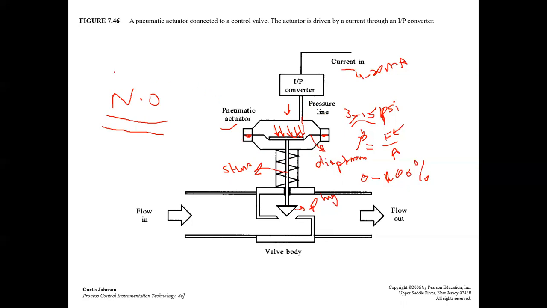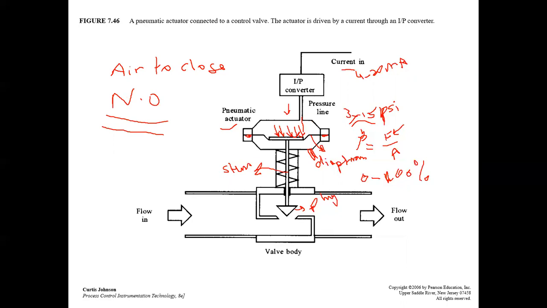In other words, it is called air to close. We apply air pressure to close. Air to close means it is normally open. If the pressure is applied from the bottom, not from the top, like another actuator type, then we have normally closed.